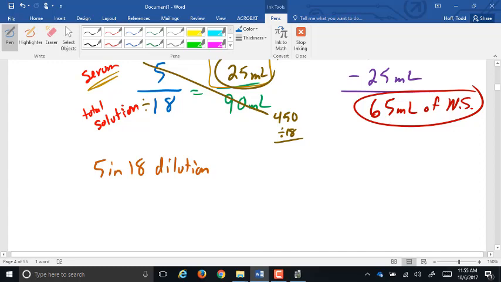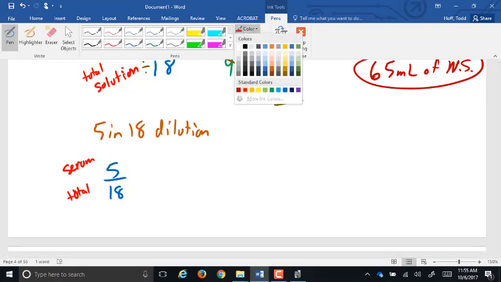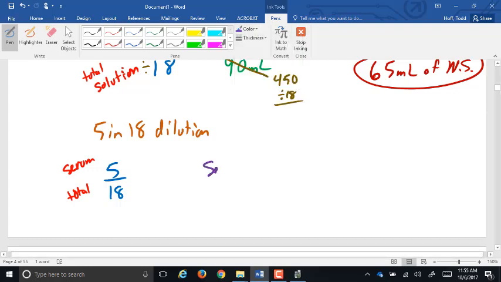We talked about this a little bit when we did ratios, that some of these ratios have hidden ratios in them. The 5 and 18 is serum to total. What if I want the ratio of serum to saline, serum to NS?